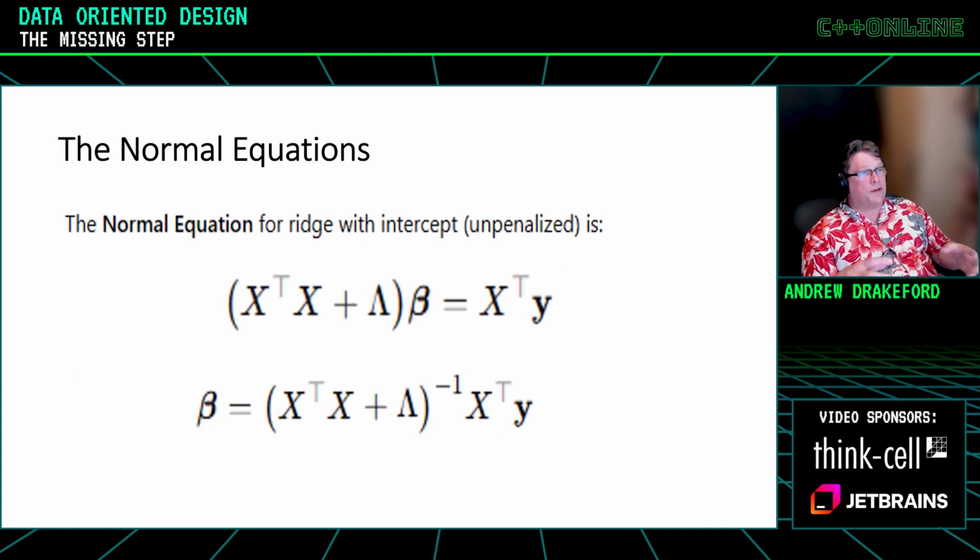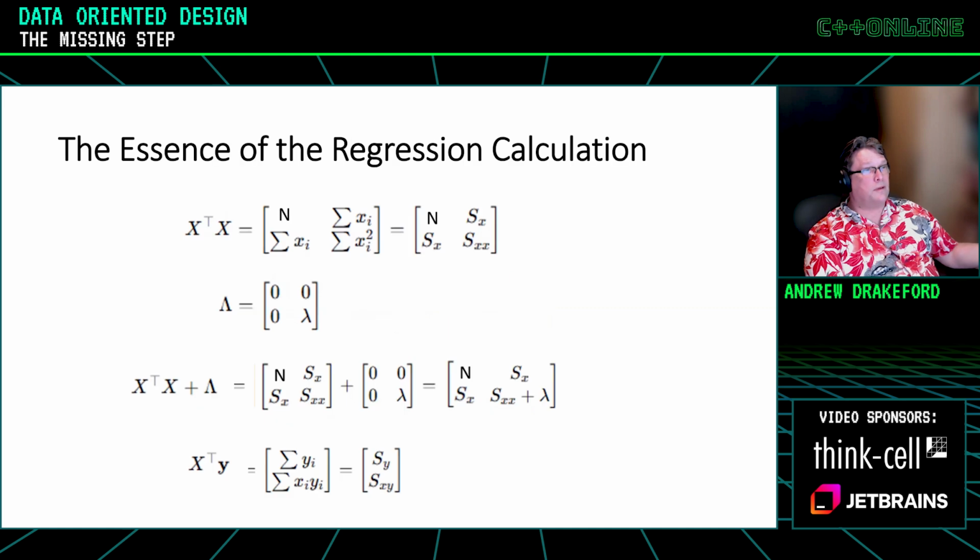This comes out as a pretty well-known equation, X transpose X plus lambda times beta equals X transpose y. We can multiply by the inverse, so beta, our fit, is X transpose X plus lambda, inverted, times X transpose y. Simples.